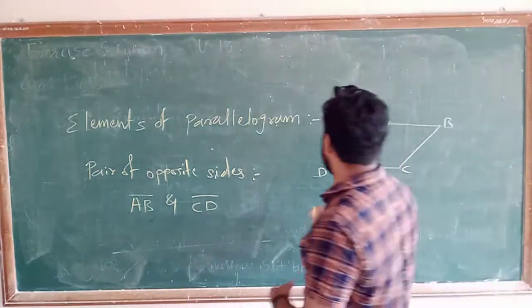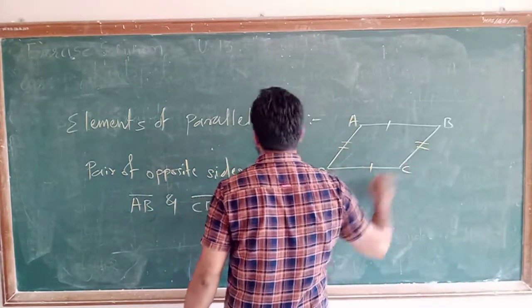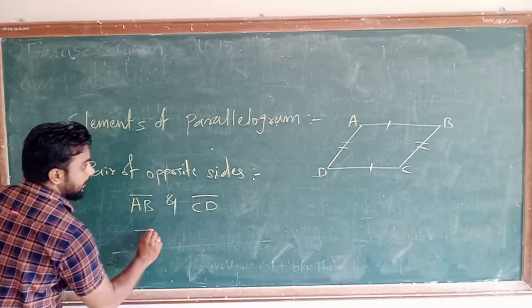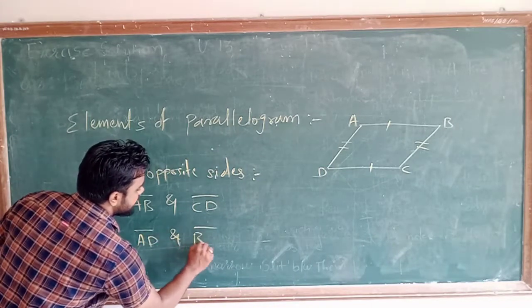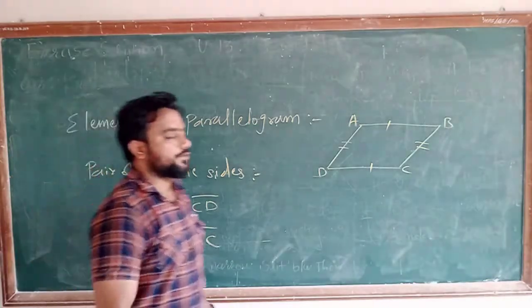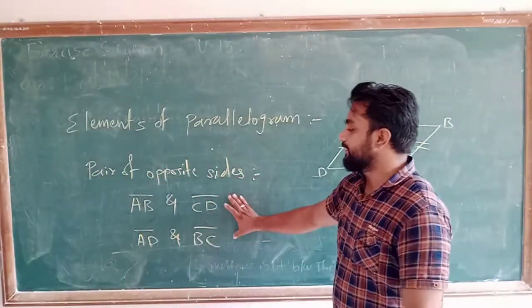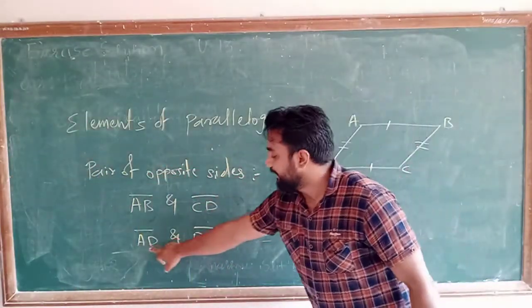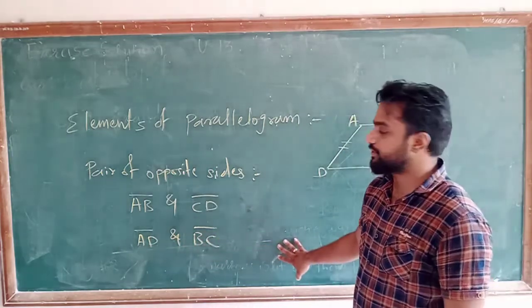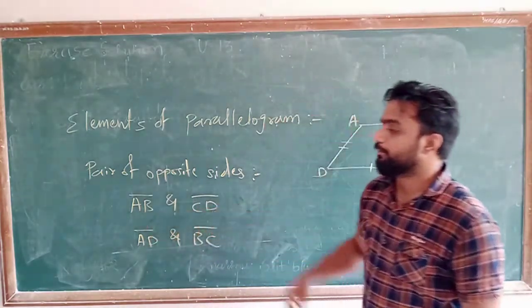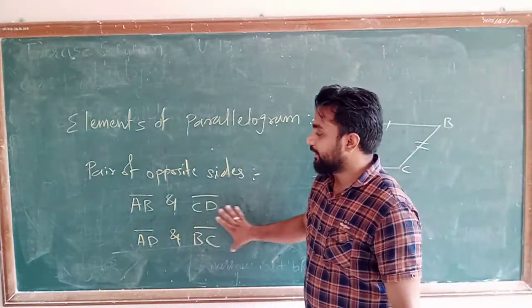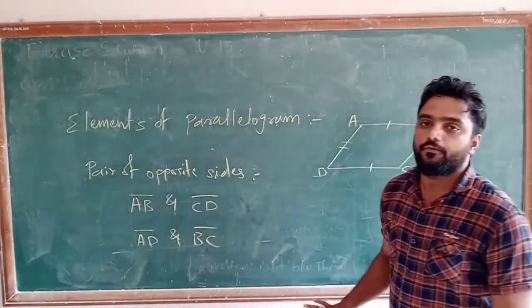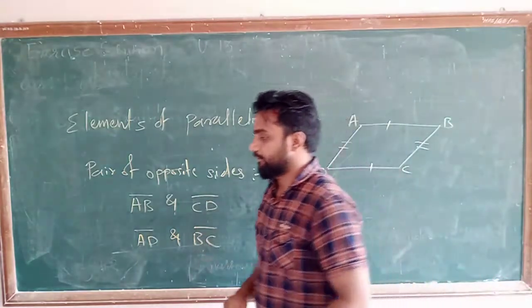In the same way, this side and this side, that means side AD and side BC. Both are parallel to each other, and AB and CD both are parallel to each other. Understand or not? Or you can write it as a pair of opposite sides. Okay.